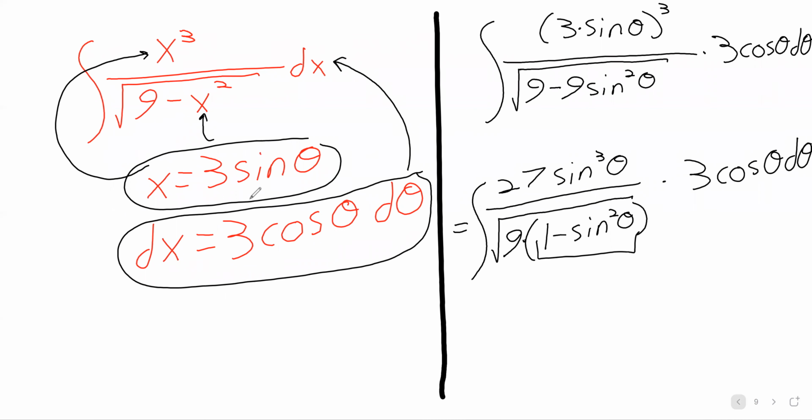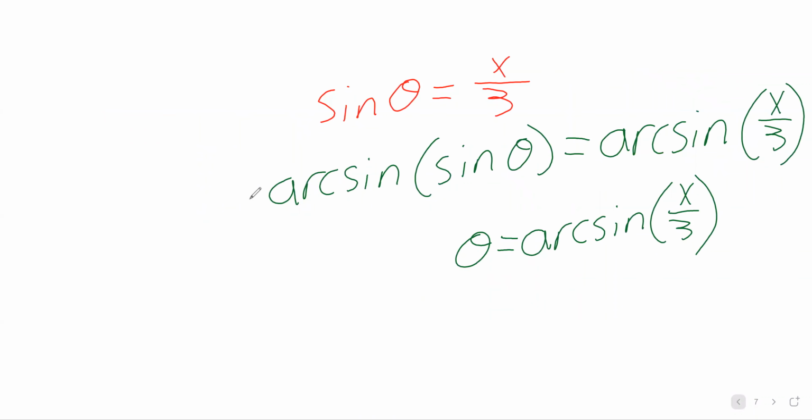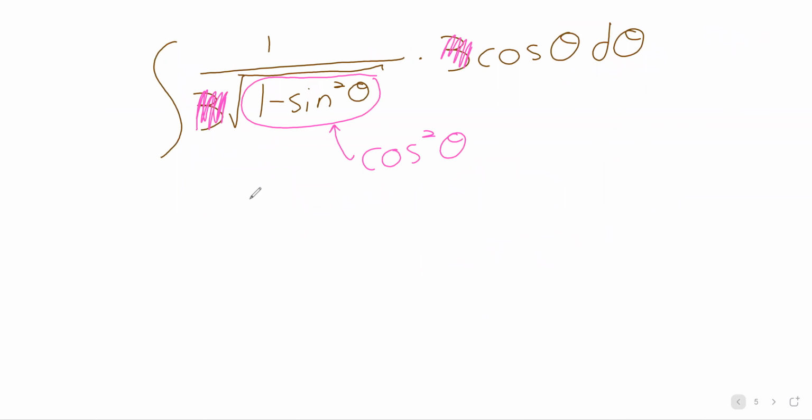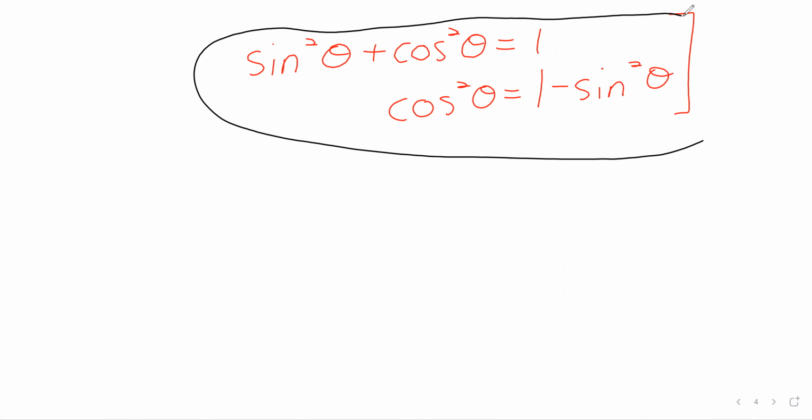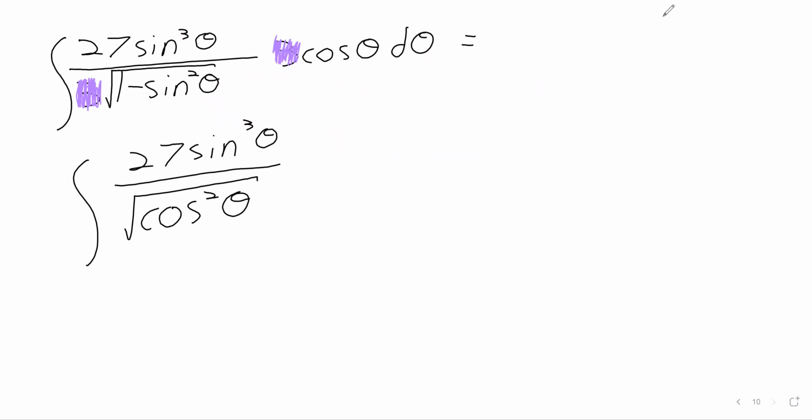Again, we're using the Pythagorean identity here to go from, in this case, sines to cosines. So this 1 minus the sine squared turned into a cosine squared.